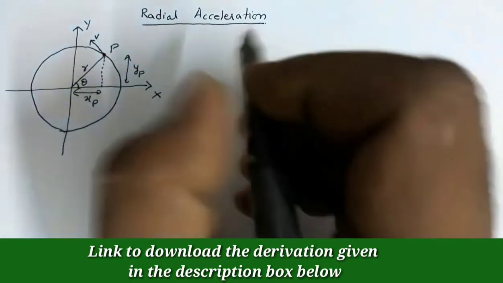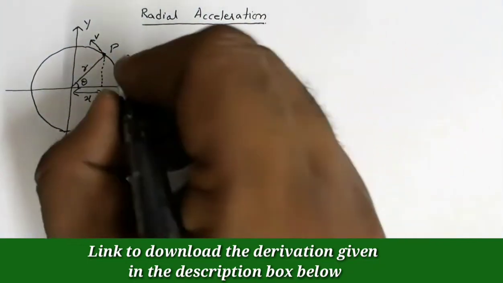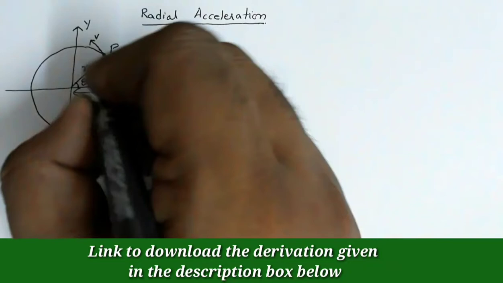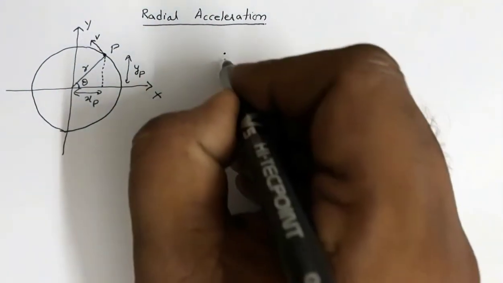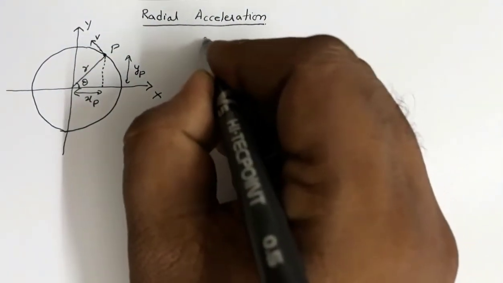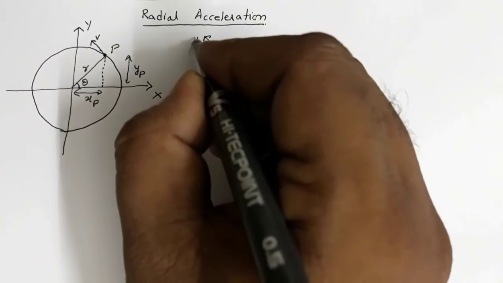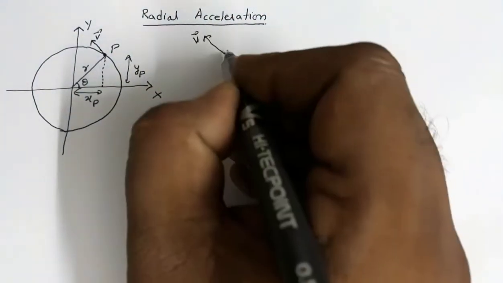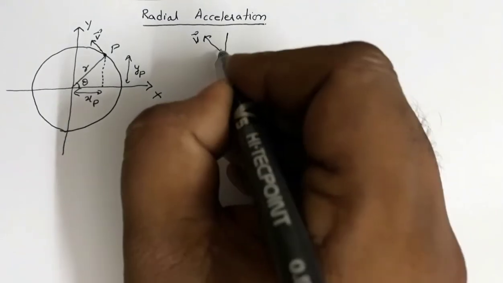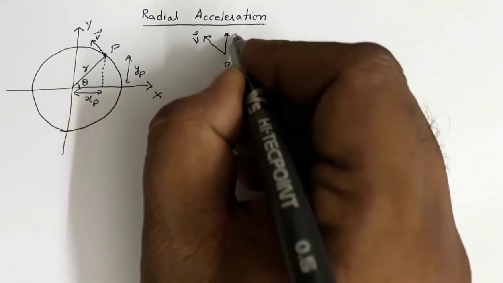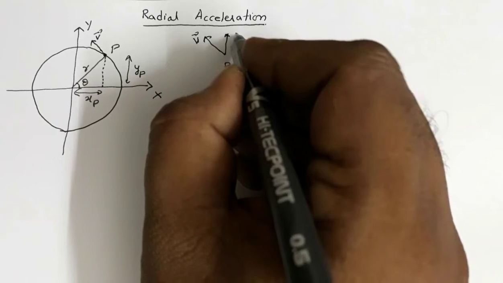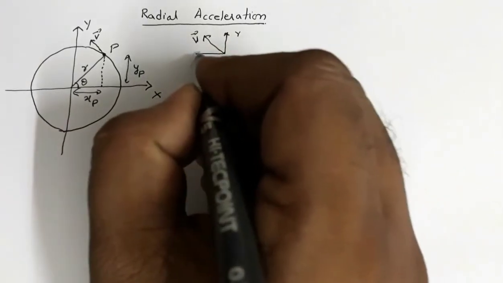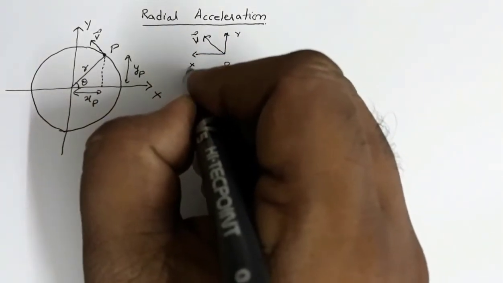At P, taking this point out, this is the velocity v, this is the vertical component along the y-axis, and this is the component along the x-axis.